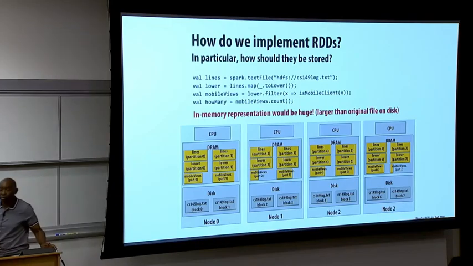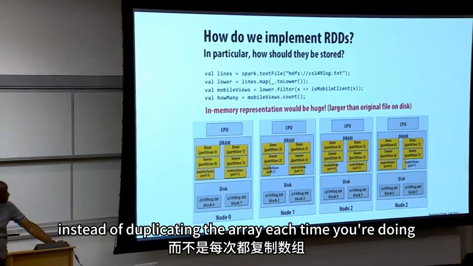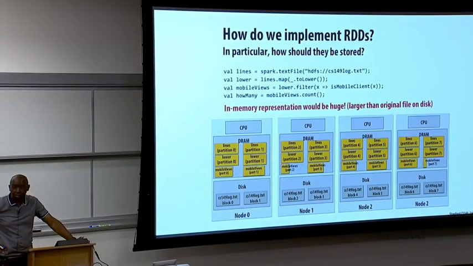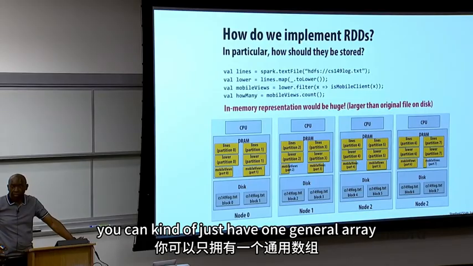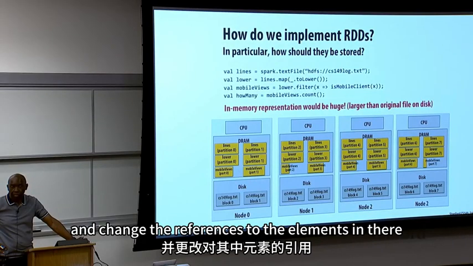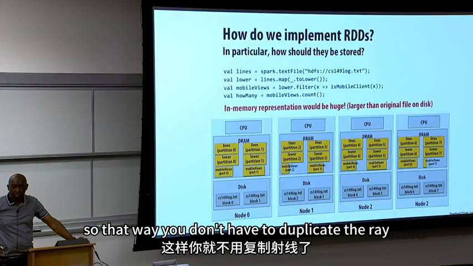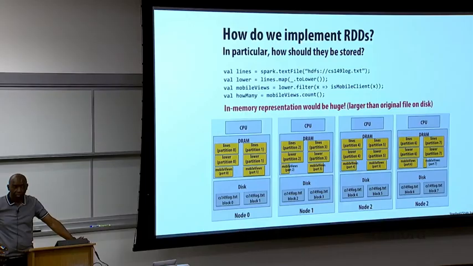Instead of duplicating the array each time you're doing a filter or any sort of function, you can just have one general array and change the references to the elements in it each time you do a filter. So that way you don't have to duplicate the array each time.